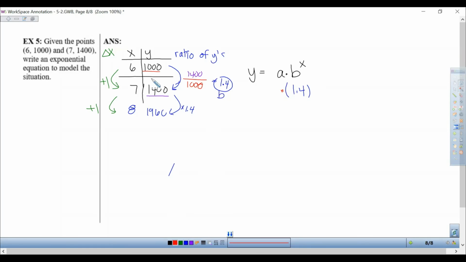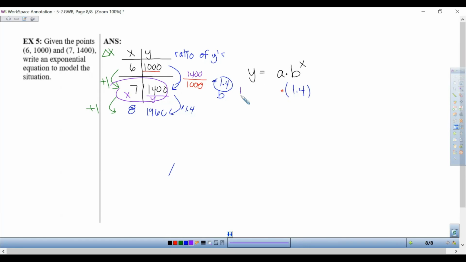I don't want to go all the way back to 0, right? I don't want to subtract 6 and figure out what this is. This a value is actually what y is when x is 0. So what I'm going to do instead is use my point 7, 1400 to find it. So this is my x, this is my y.